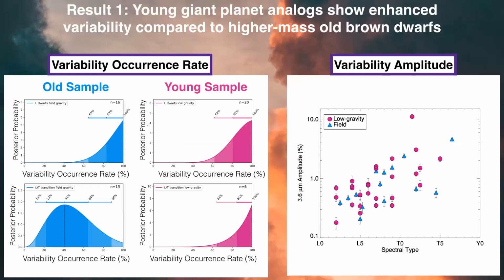And we see this enhancement in variability in two ways. First, in terms of the variability occurrence rate, which I'm showing on the left. So what percentage of objects show variability that you can detect. But we also see enhancements in the amplitude of variability. So by how much are these objects varying as they rotate?